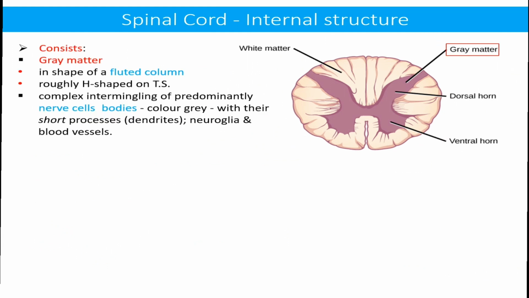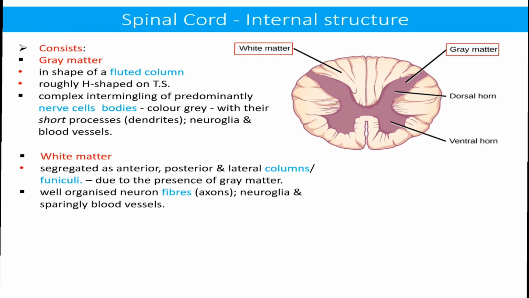Internally, the spinal cord consists of gray and white matter. Gray matter is present in the shape of a fluted column, which is roughly H-shaped on transverse section, and gray matter itself comprises a complex intermingling of predominantly nerve cell bodies, hence it appears gray, with their short processes, dendrites, neuroglia, and blood vessels.